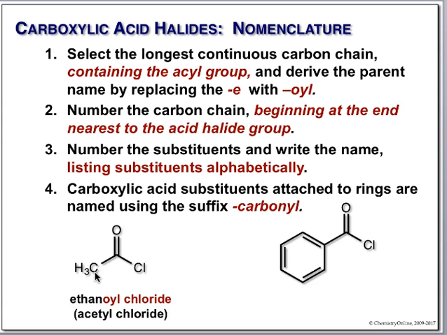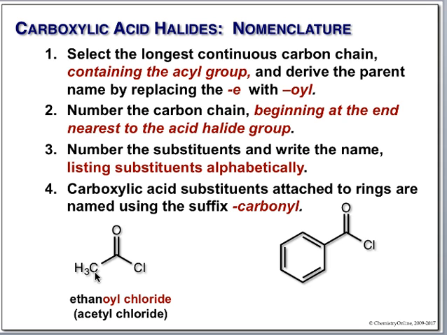Here we have a benzene ring with an acid halide hanging off. There are really two ways you can name this. Remember, the benzene ring is accepted by IUPAC as a good thing. It can be a parent. So we could call this a benzoyl chloride, and we'll see examples of that.